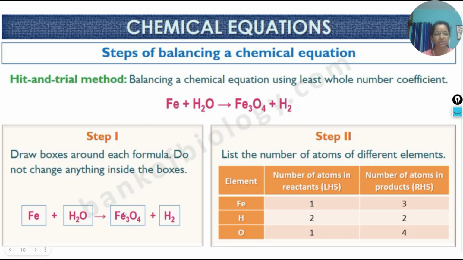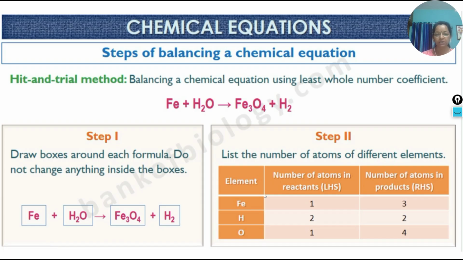The first step is to draw the equation in a proper way and draw a rectangular box around it, to make sure that we are not going to do anything inside this box. We are not supposed to change the formula of an equation or the chemical formula, the number of atoms. To avoid that, we draw a rectangular box outside the formula.